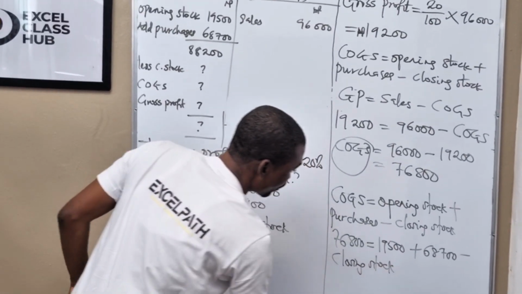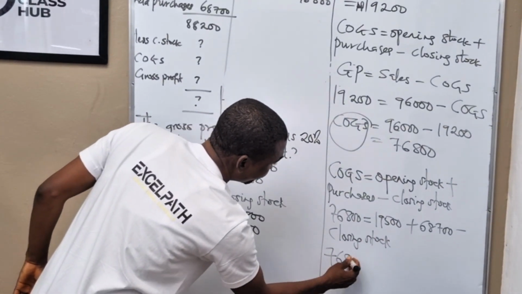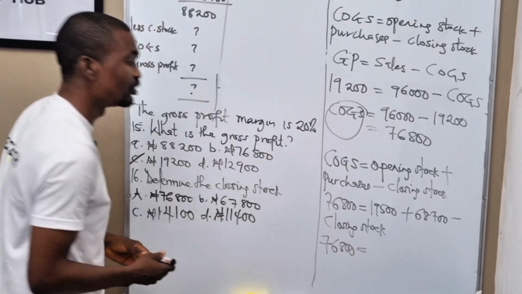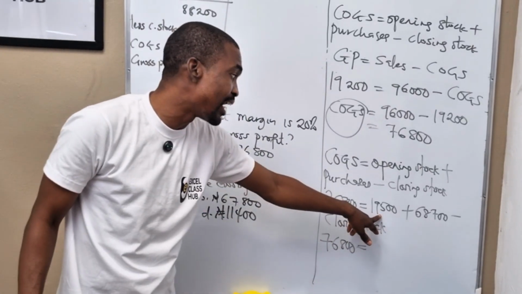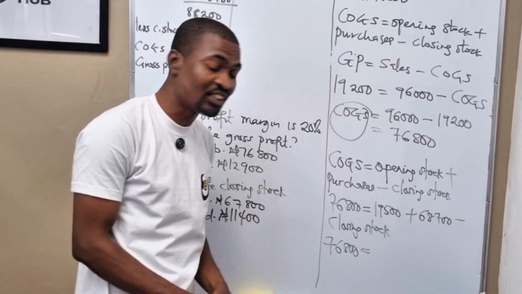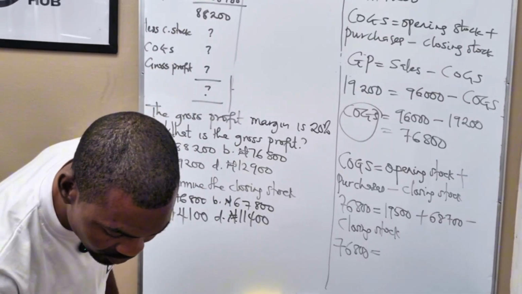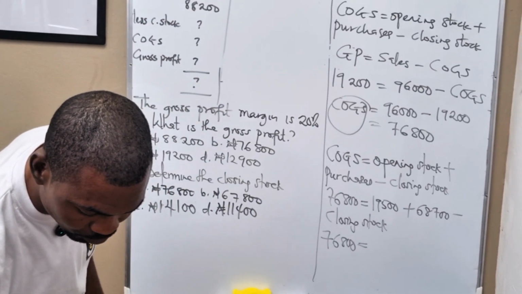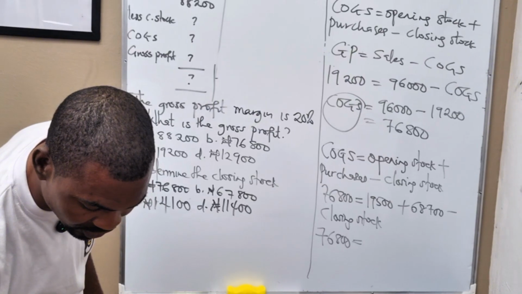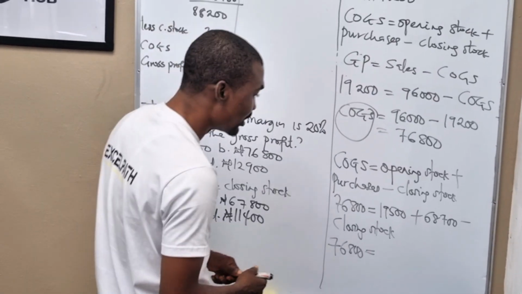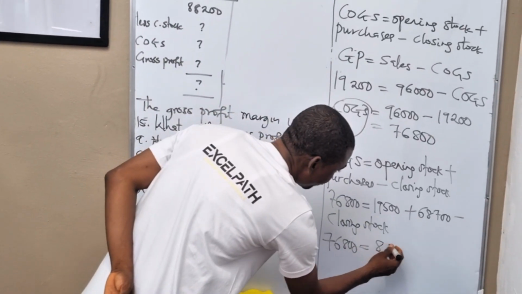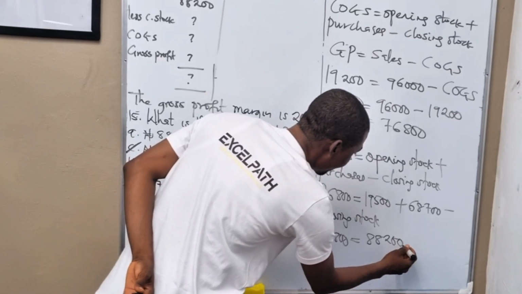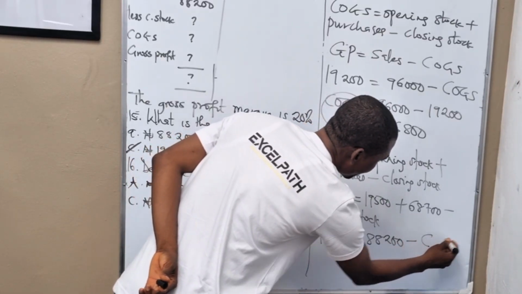We add these two figures, 19,500 plus 68,700, and that will give us 88,200. So 76,800 equals 88,200 minus closing stock.